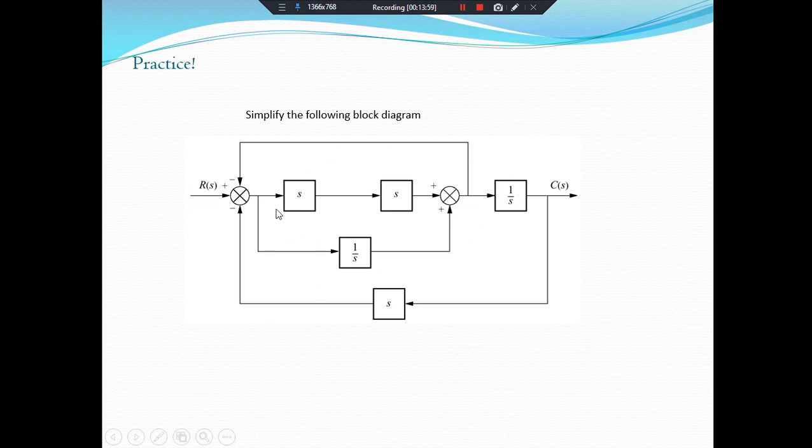You will get a transfer function, and the transfer function will be in feedback with this S, and at the last step you will apply the feedback formula: G of S, the forward path transfer function, by 1 plus or minus depending upon this sign, into G of S, means forward path transfer function into this feedback path transfer function. So you will get the result, and you will simplify this block diagram.